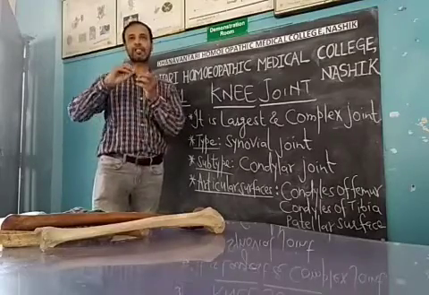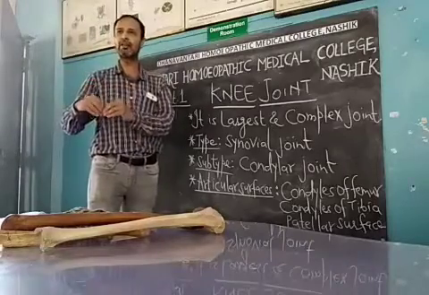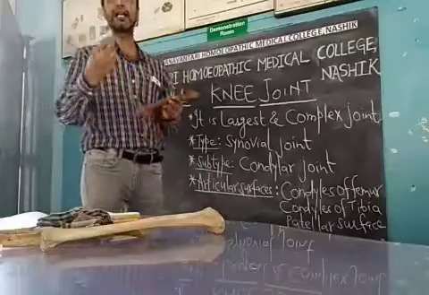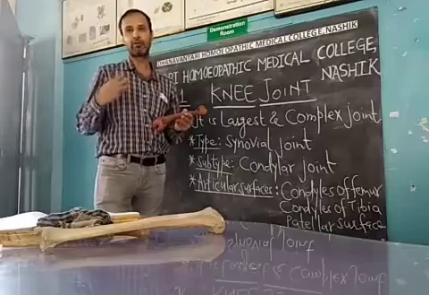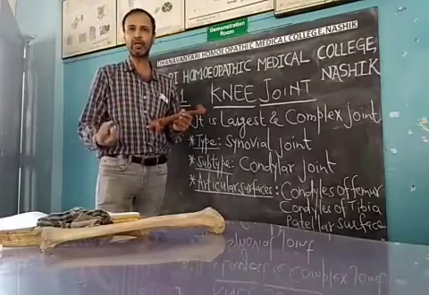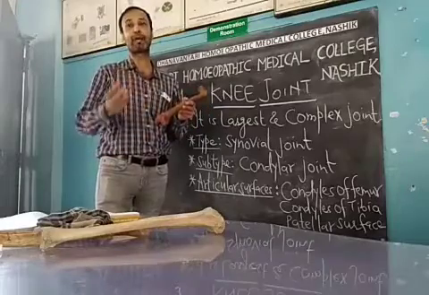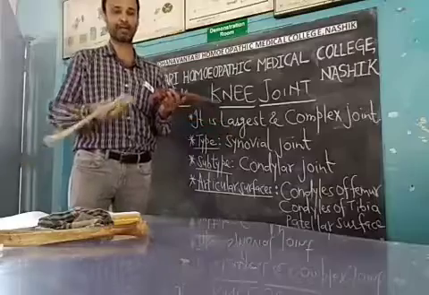So we have the medial femorotibial joint, the lateral femorotibial joint, and the patella, the femoropatellar joint. These are the three joints, and the fusion of the three joints is why it's called complex.